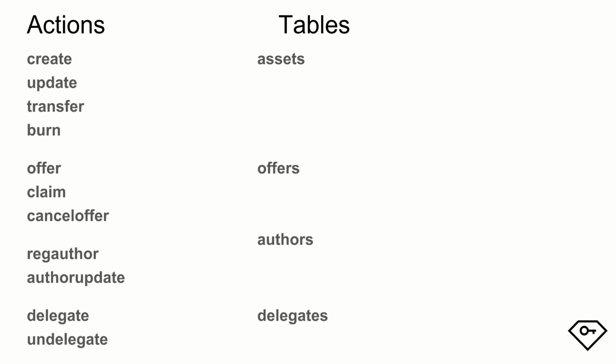There's a table which keeps track of pending offers. So if you don't want to use transfer, you will create an entry in this offers table. There's the table for authors, which we already talked about. And there's this table which keeps track of delegated assets, borrowed assets.